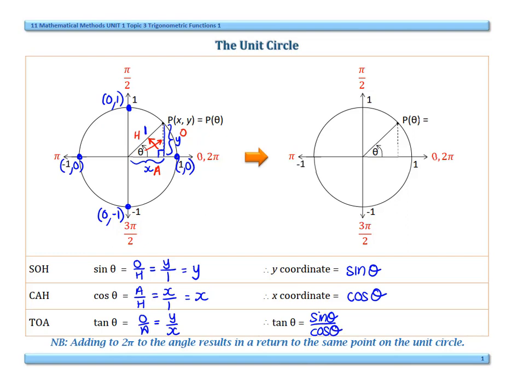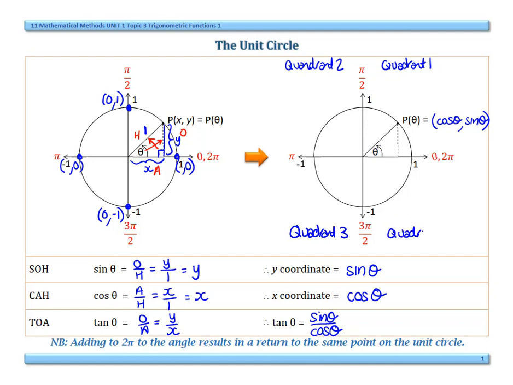So this point theta can be written as (cos theta, sine theta). Okay, so what else can we say now knowing this? Well, in my first quadrant, this is quadrant 1, quadrant 2, quadrant 3, quadrant 4.